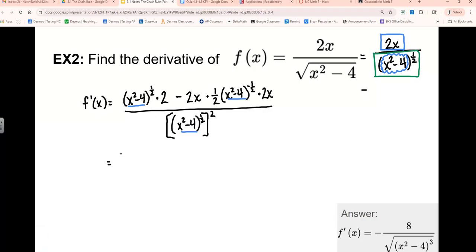So we would have 2x squared minus 4 to the 1/2 power. And then over here, I can multiply all of this stuff together. So I've got 2 times 1/2 times 2, which is going to give me 2. And then I've got an x and an x, so 2x squared times x squared minus 4 to the negative 1/2.